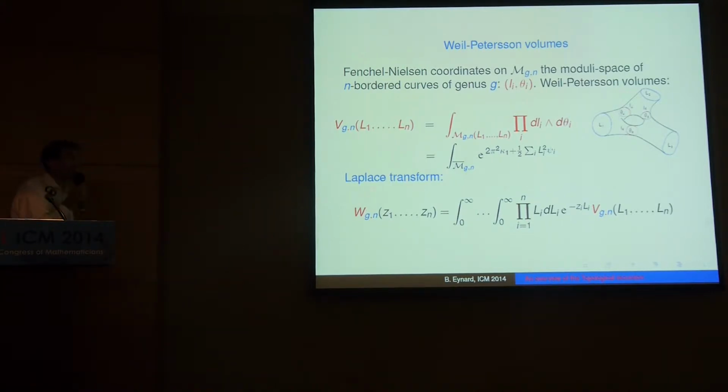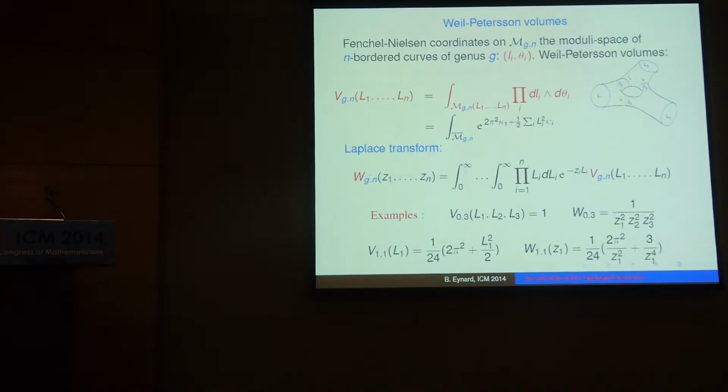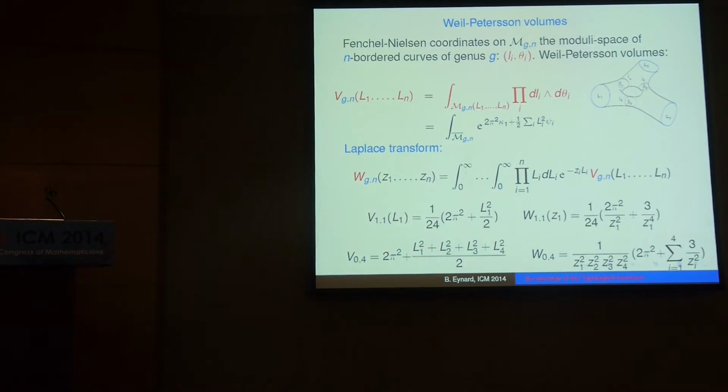As I said, those volumes are not easy to compute, but let me give you some examples. For M_{0,3}, the volume is trivial, it's 1, and the Laplace transform is just this rational function. For M_{1,1}, it's more difficult to compute, but the volume is that, and the Laplace transform is that. For M_{0,4}, you can also compute the volume, and this is its Laplace transform.